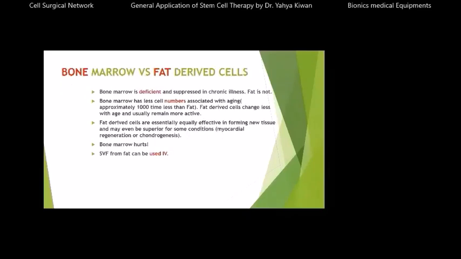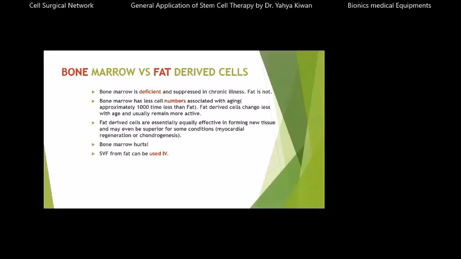Now, what is the difference between bone marrow derived cells and fat derived cells? I will try to summarize in this slide. The bone marrow is deficient and suppressed in chronic illness, while fat is not. What is meant here?